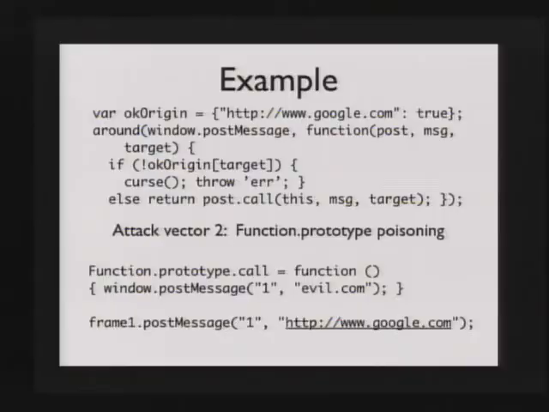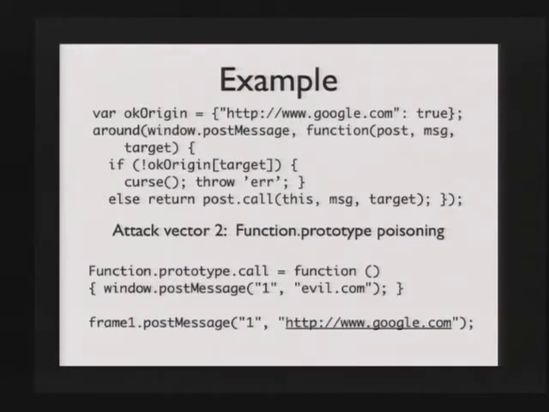Another attack vector that could be done here is function prototype poisoning. So what you could say is that each time you do a call to a function, you should do window.postMessage to evil.com. And so now if you call postMessage, what would happen is it is checked.